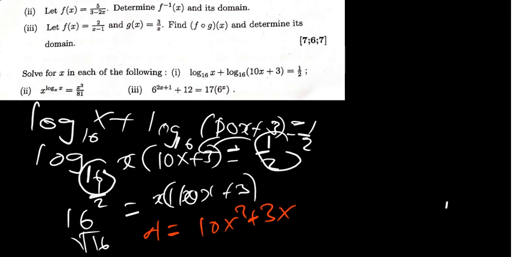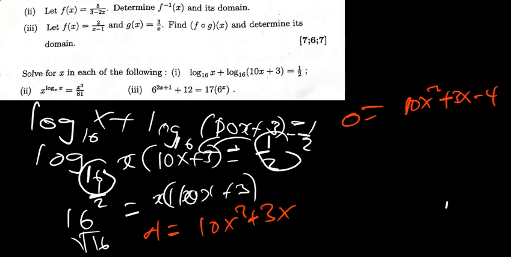So now this is a quadratic equation. I'm going to shift this to the other side and remain with 0 is equal to 10x squared plus 3x minus 4. We need two numbers which when we add or subtract give 3, and when multiplied give negative 40 because we have 10 here. 5 and 8.